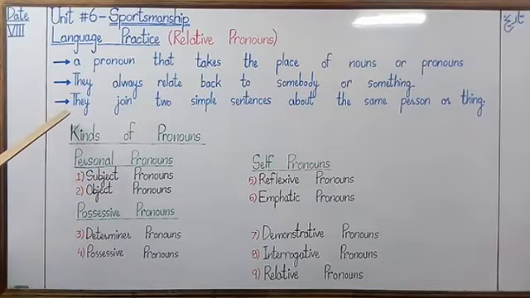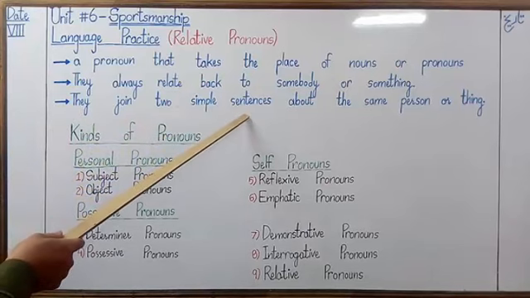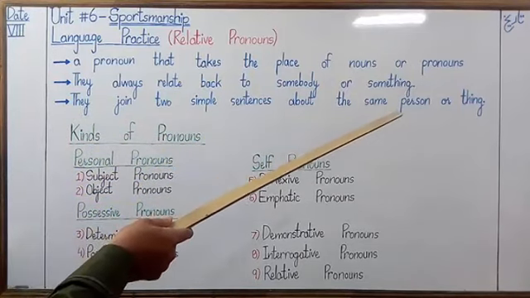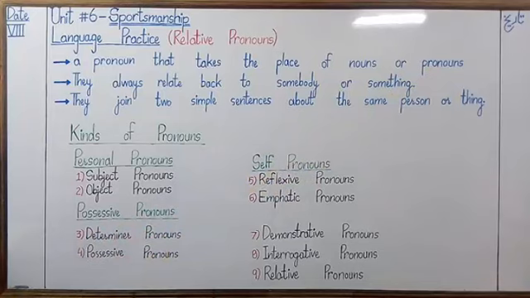Number 3, they join 2 simple sentences about the same person or thing. ये pronoun 2 simple sentences को, या यूं कह लें 2 clauses को आपस में ज्वाइन करता है. और ये दोनों सिंपल सेंटेंसेस या क्लॉजेस एक ही शख्स या एक ही चीज या एक ही जानवर, किसी एक नाउन या प्रोनाउन की बात कर रहे होते हैं.